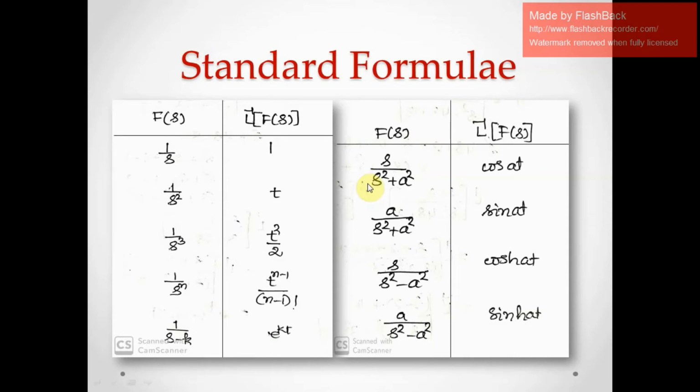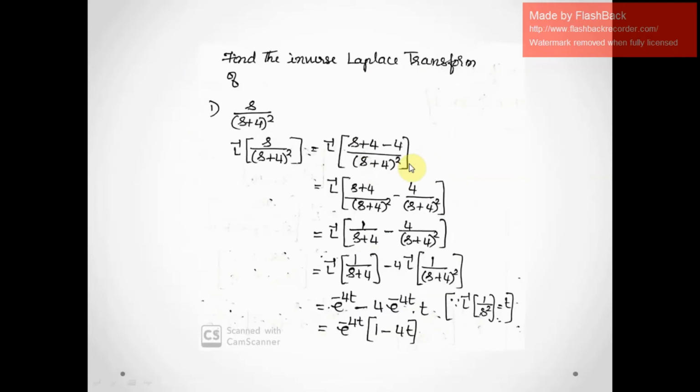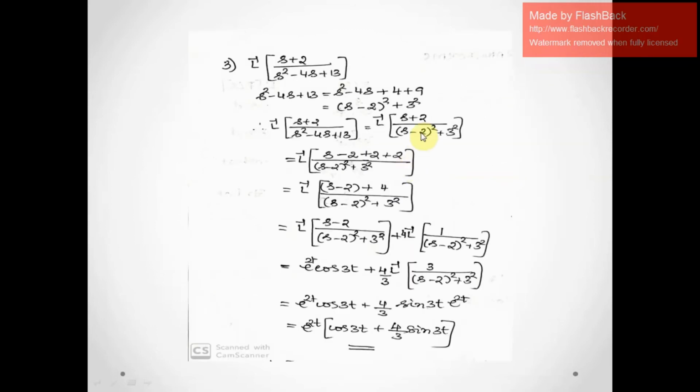If a shifting is done with this s, the same shifting will be done with this s also. So if there is s minus 4 here, there will be s minus 4 here. If there is s plus 4 here, there should have been an s plus 4 here. What happened to our problem here? We have s minus 2 here, but s plus 2 here, so that I cannot apply the shifting property directly.